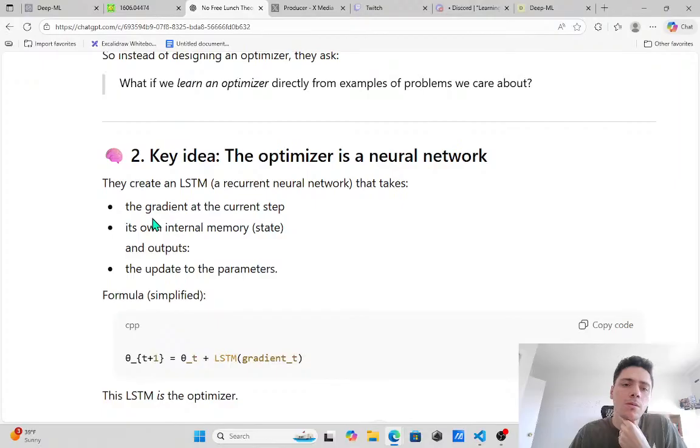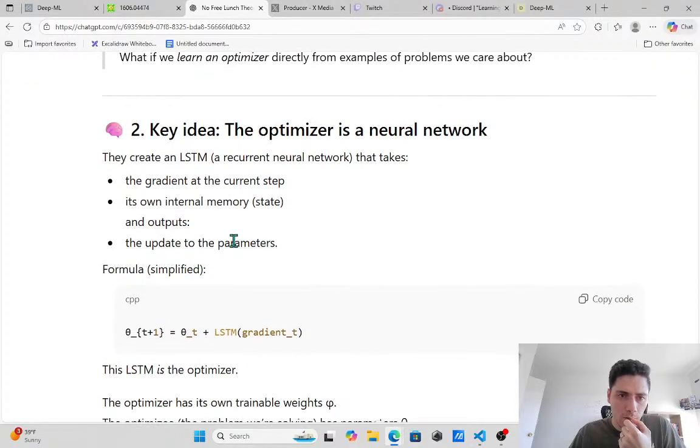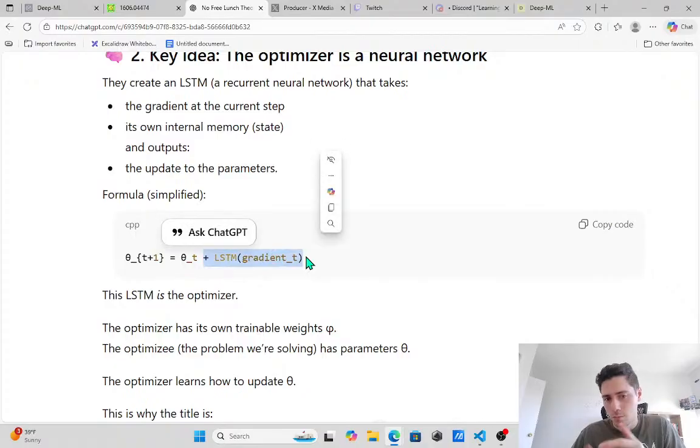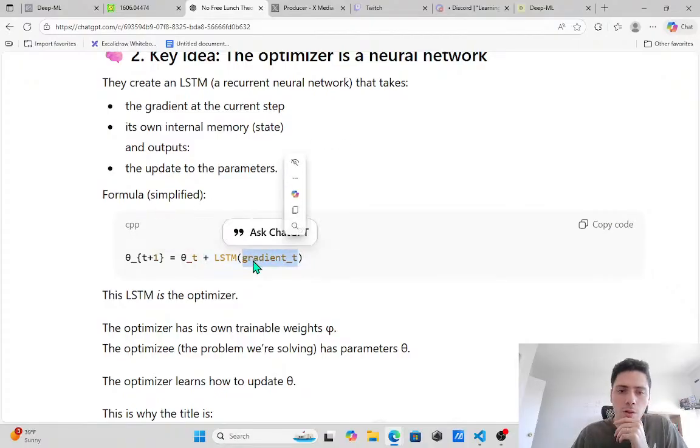It takes the gradient at the current step, cool, its own internal memory state, and outputs the update of the parameters. Okay. So for the new step, maybe this is the old weights, so we're just trying to add the, okay.